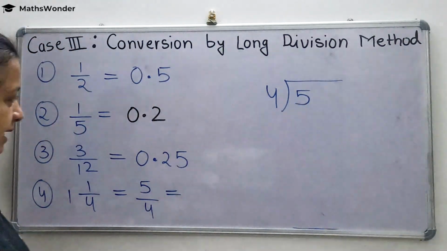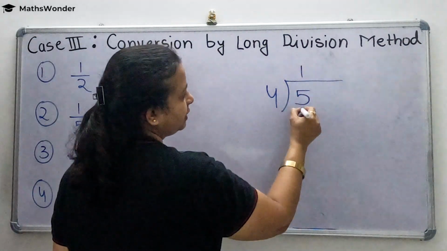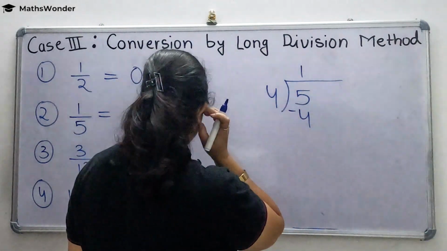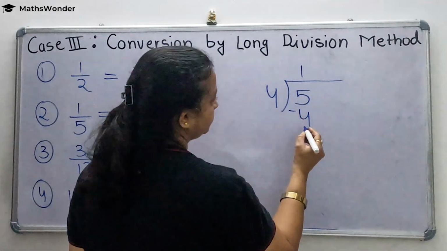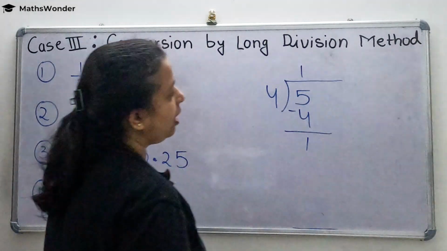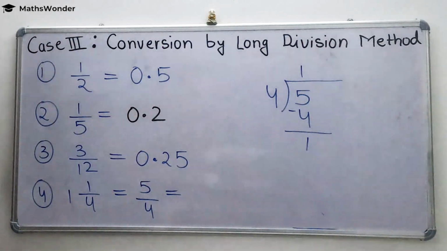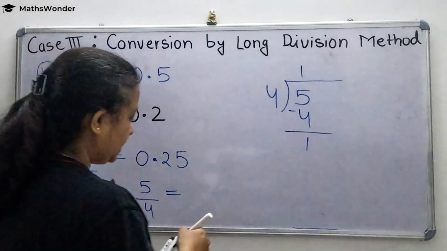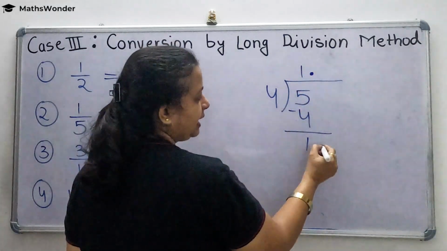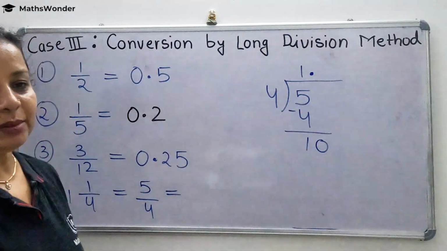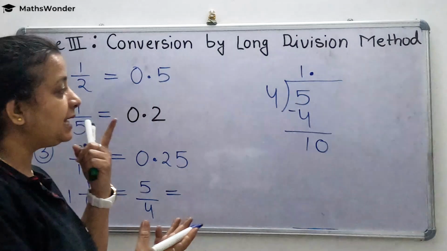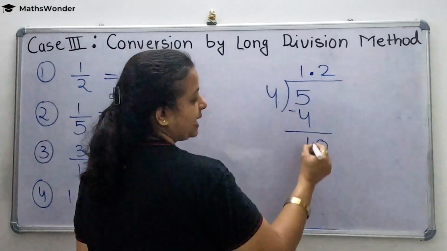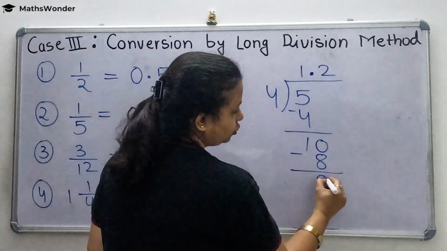4 times what will give 5? Definitely 1. Now is 4 divisible by 1? No, not at all. So we need to give a decimal and add 0. Now 4 times what will give 10 or less than 10? 4 times 2 is 8, right? 2.